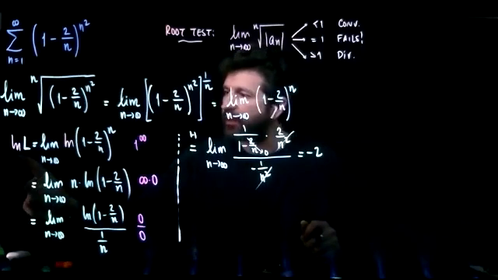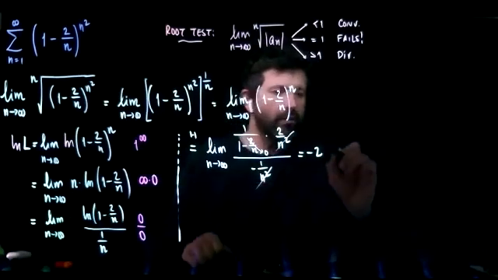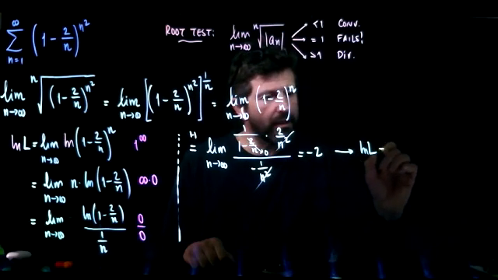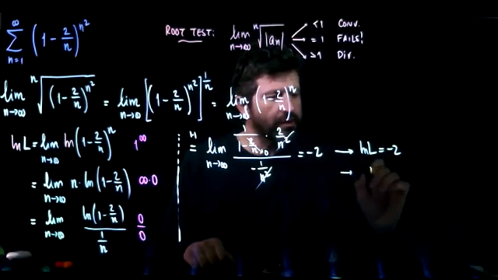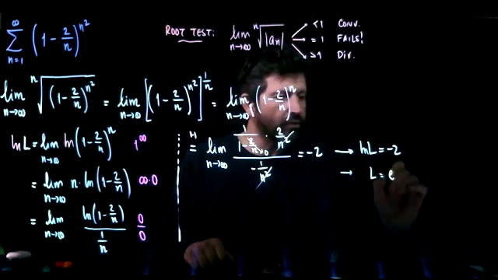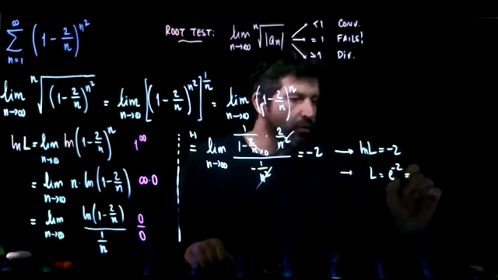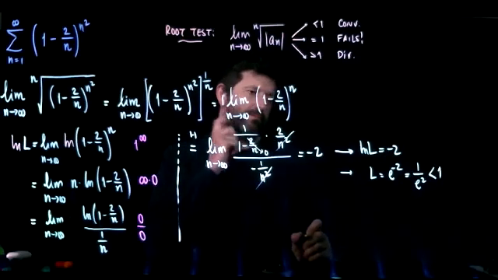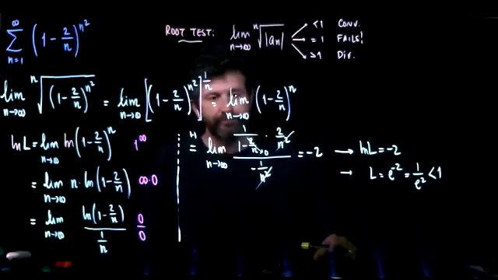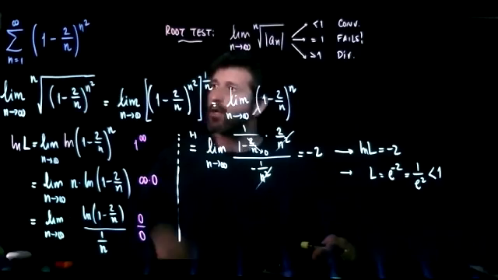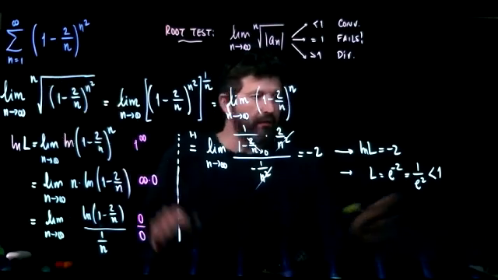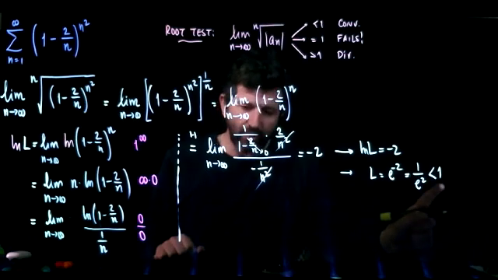Okay, so ln L is equal to negative 2, which means that the limit L is e to the power minus 2, which is like 1 over e squared, which is of course less than 1. Okay, so the limit of the nth root of the term gives me 1 over e squared, which is less than 1.